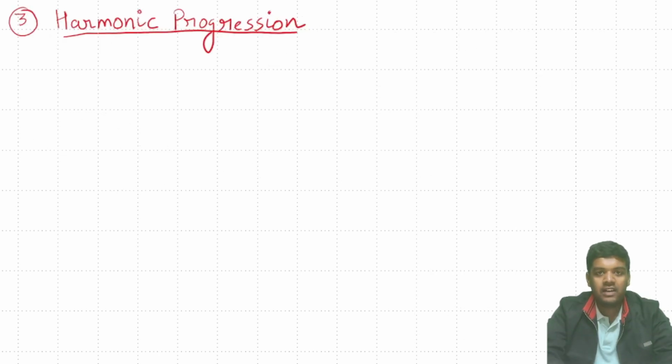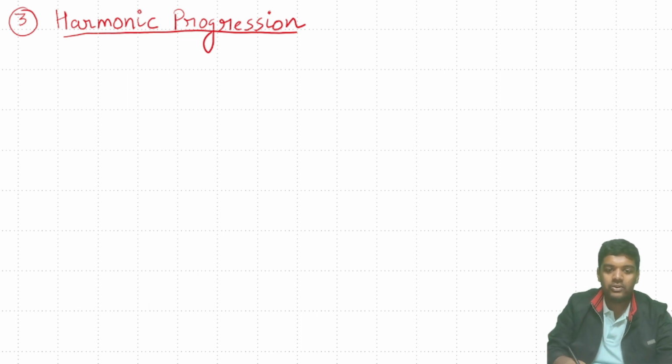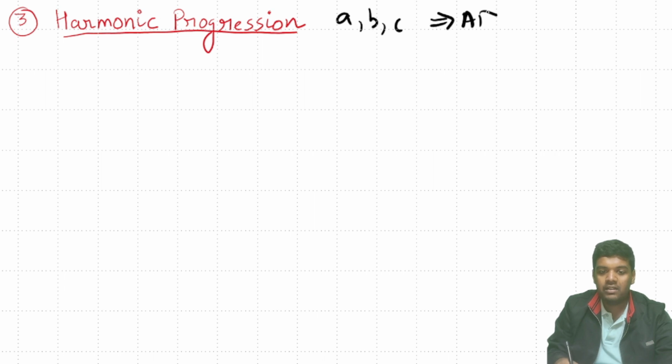The next topic is harmonic progression. It is very simple. If there is an AP, then just the inverse of the AP will be my HP. For example, if I say A, B, C are in AP, then 1 by A, 1 by B, 1 by C will be in HP. As simple as that.